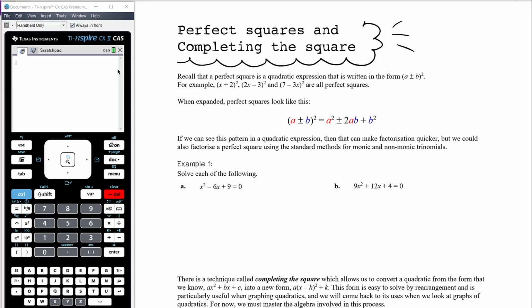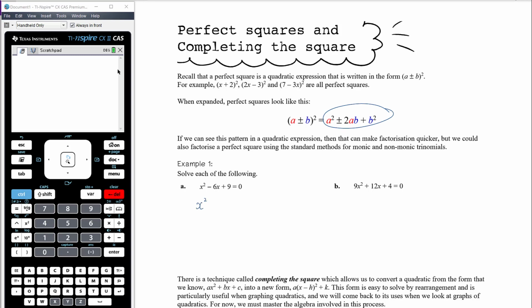We would again try and use our null factor law. One side's equal to 0. We want to factorise the other side. And in this instance here, you'd be looking for factors of 9 that add up to -6, and they are -3 and -3. And so therefore this factorises to x minus 3 all squared equals 0. Now, you might still use your normal quadratic trinomial factorising process for that, or you might be able to see this pattern, and that's what I want you to try and get a bit better at.